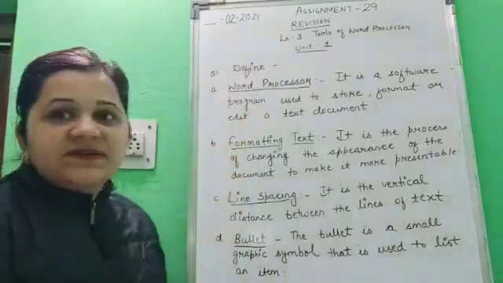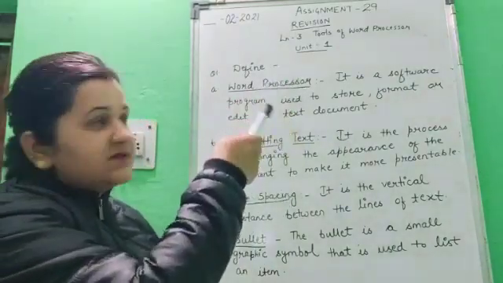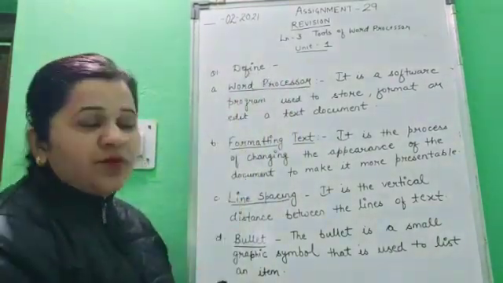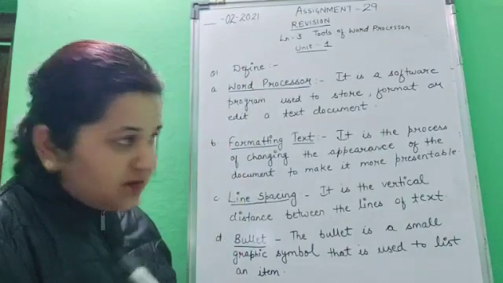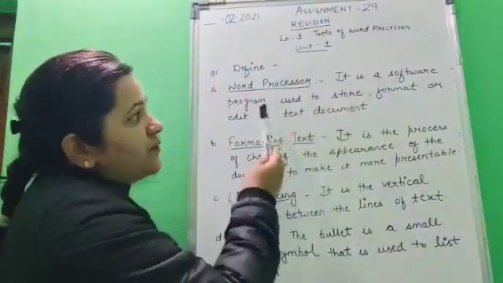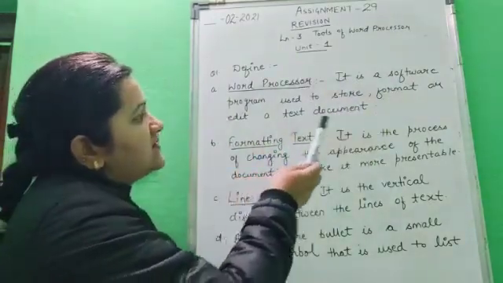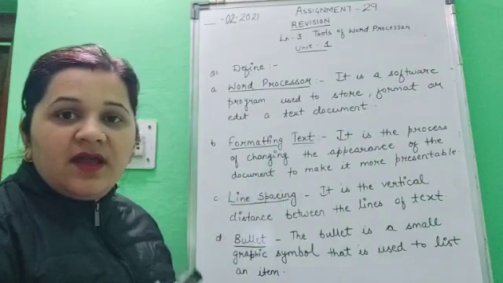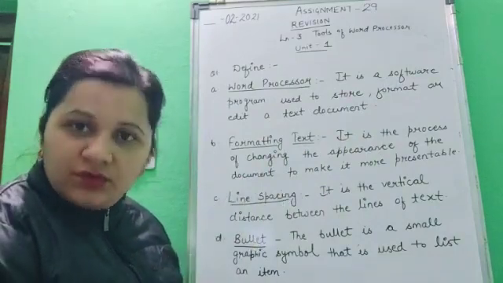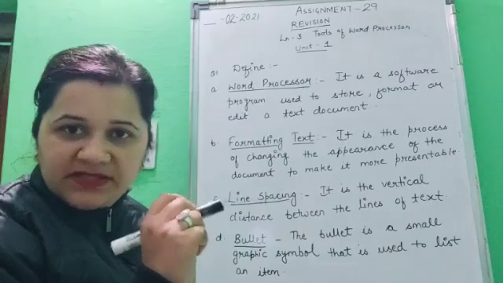This question is: define word processor. As the chapter itself is named tools of word processor, first we have to learn what a word processor is. A word processor is a software program used to store, format or edit a text document. Now children, when I ask you to write something, you would take out the notebook and start writing with a pencil or pen.